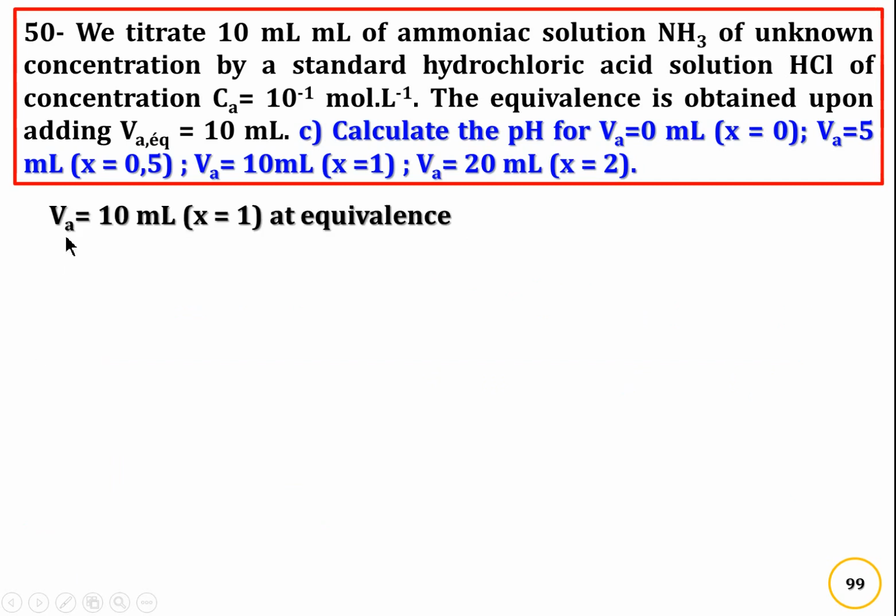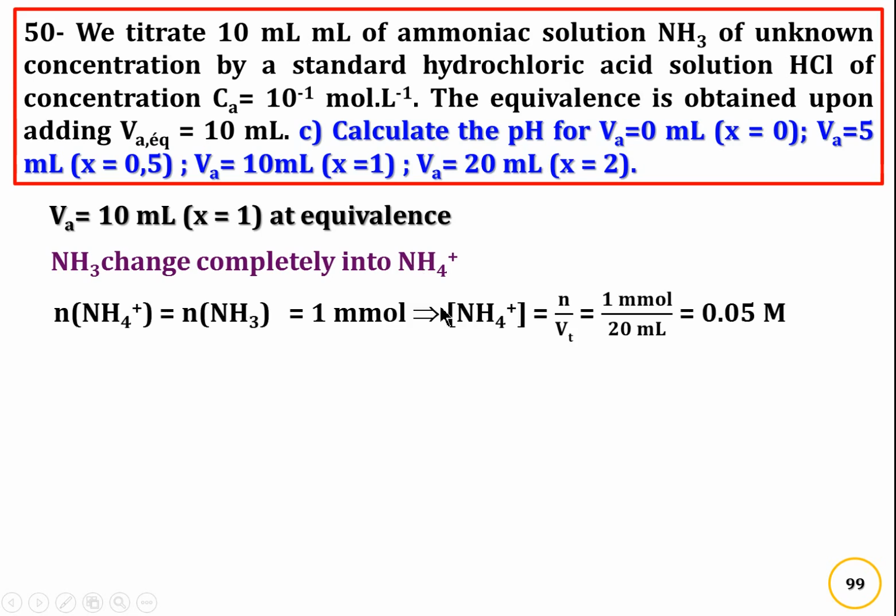Calculate the pH of the solution when 10 ml of the acid were added, so X equals 1. The Va equals 10 ml, this is the equivalence point, and at equivalence, all ammonia has been transformed to NH4 plus. So in the solution, we will have NH4 plus of a new concentration.